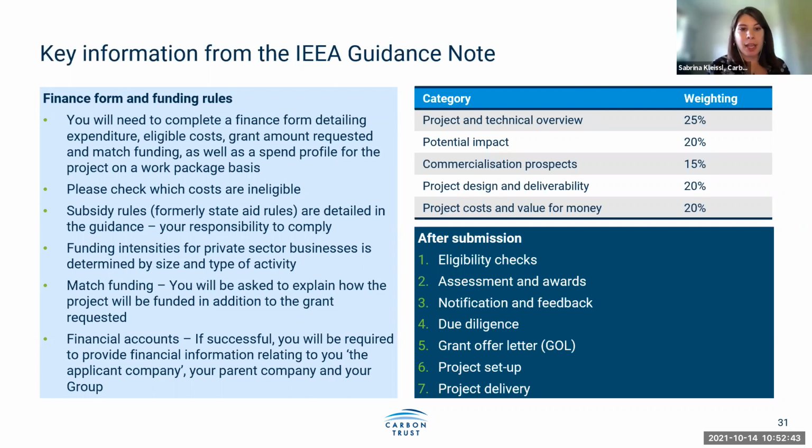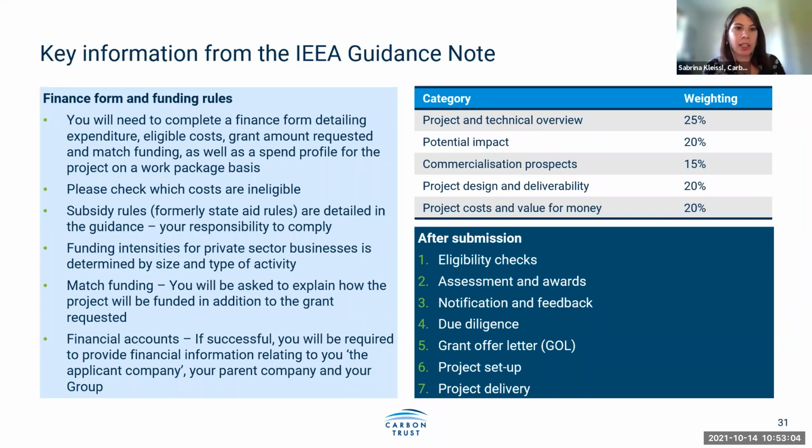Successful applicants will undergo due diligence checks and sign the grant offer letter and grant funding agreement before the project will commence. There's also a section in the guidance note that talks about project delivery and what is required from you during that time. So please have a look at that.